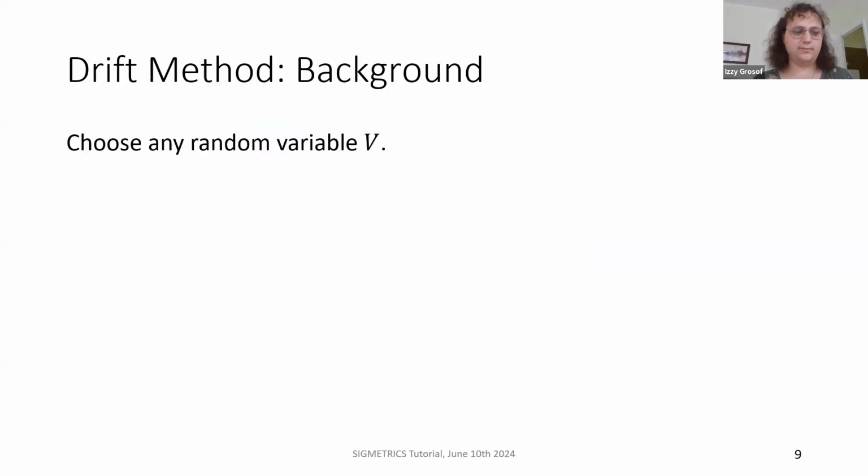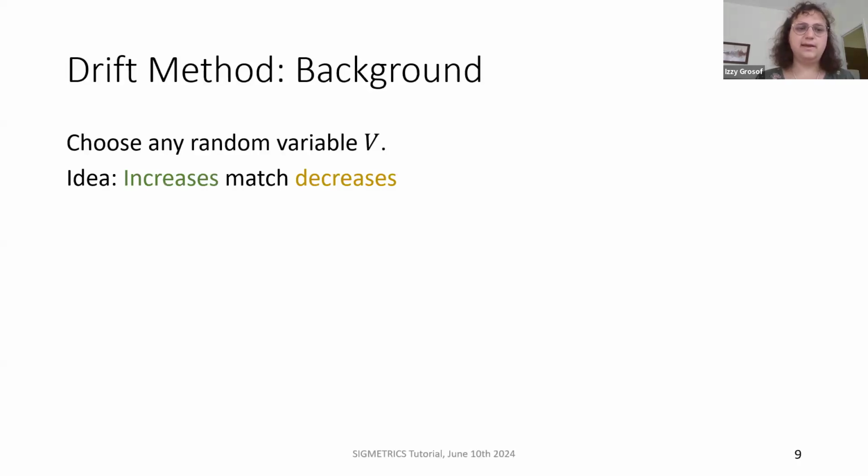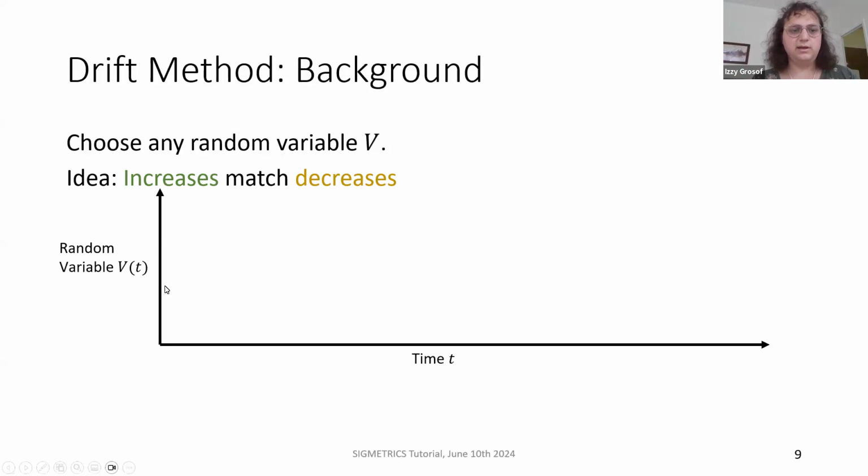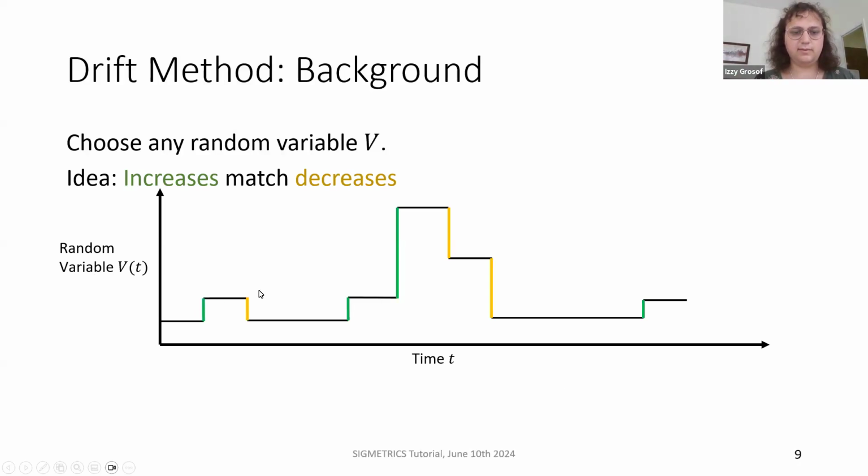The way it works is you choose a random variable V, any random variable you like. The key idea is that the increases in the random variable V are going to match the decreases in V. What does that look like? Here we'll look at the value of the random variable over time. Sometimes it goes up, and sometimes it goes down, and it goes up some more and down some more.